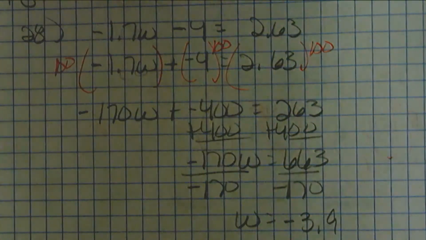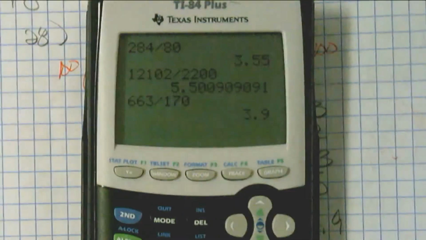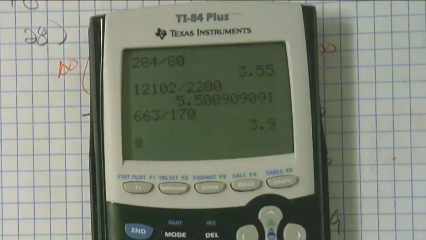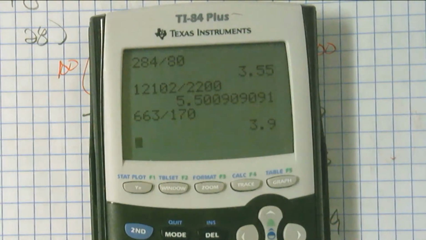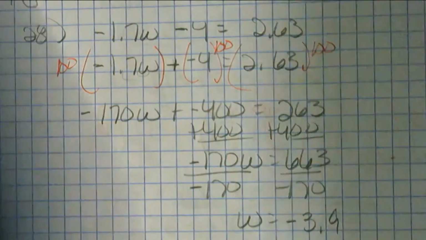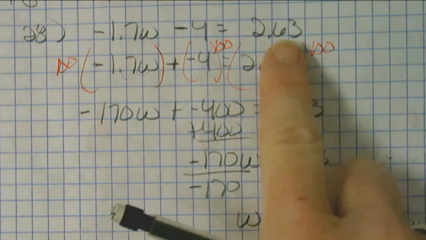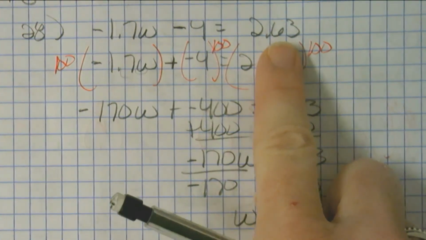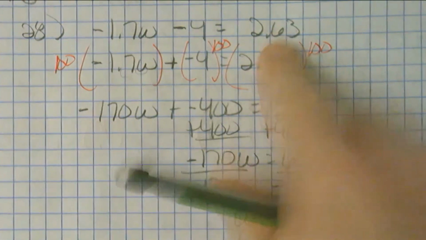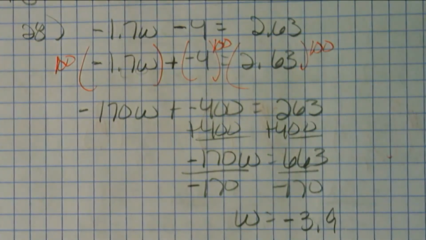It is 3.9. 663 divided by 170 is 3.9. But if it was 3.886, blah, blah, blah, we're going to round, as Sophia pointed out yesterday for us, because that was a good question, round to the smallest place value of any of our numbers. Okay? Matthew?